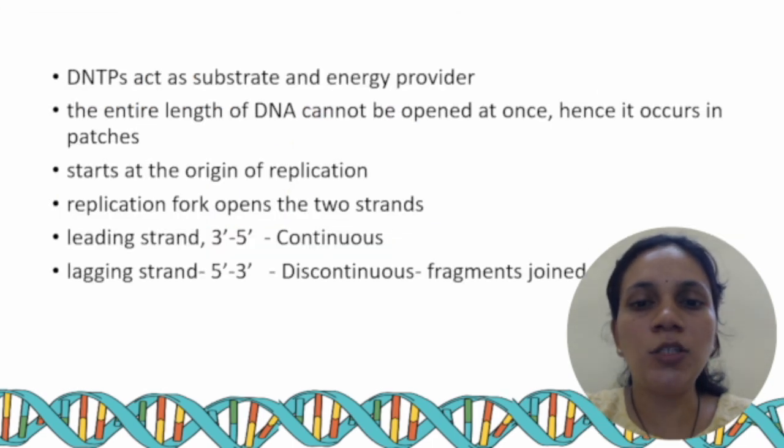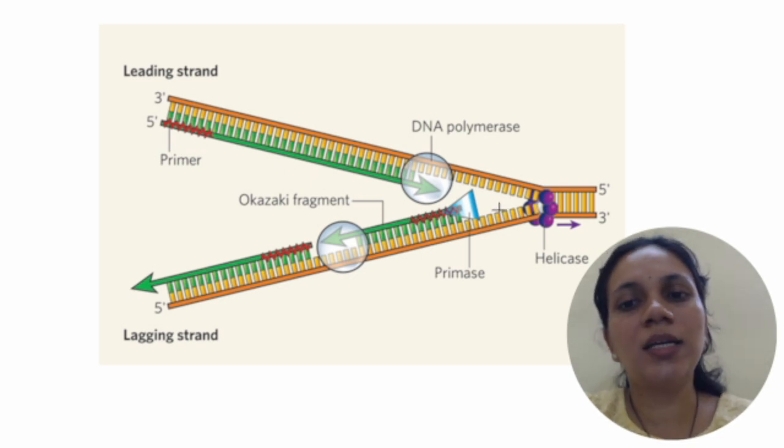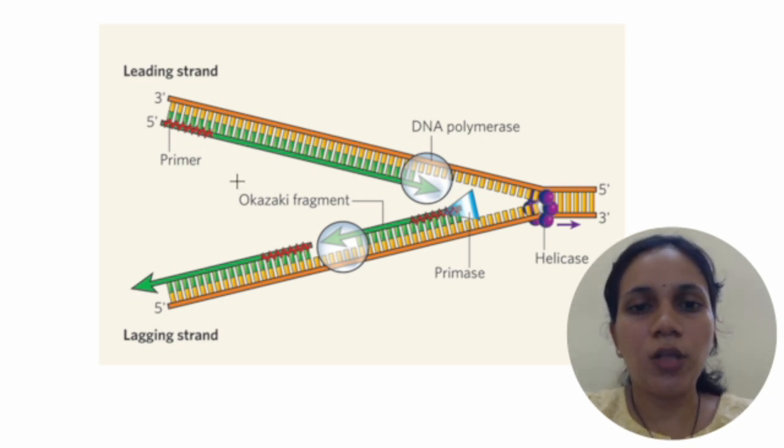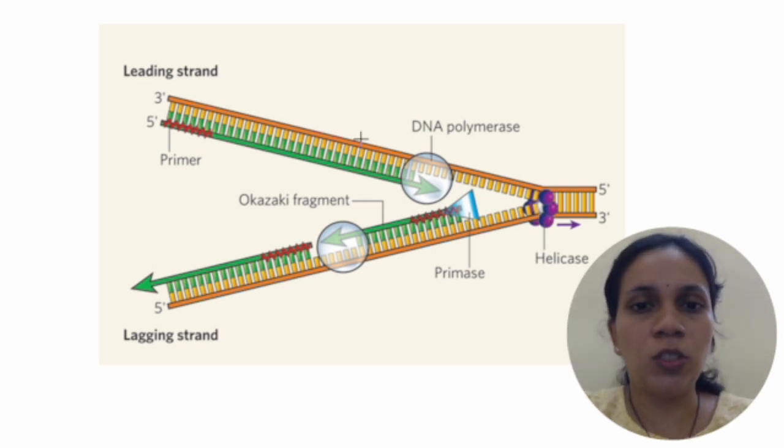Now this replication fork, as we have seen in the diagram, makes two openings, right? So it opens the two strands. If you see this diagram here, it looks more like a zip, isn't it? It works just like a zip. Now there are two things involved here. When the replication fork is opening the DNA strand, it is producing two strands.